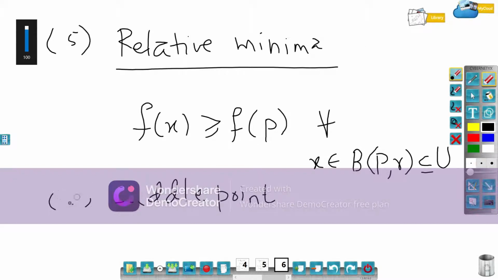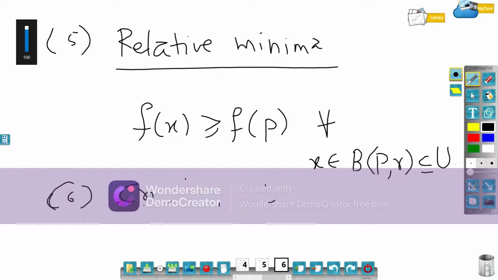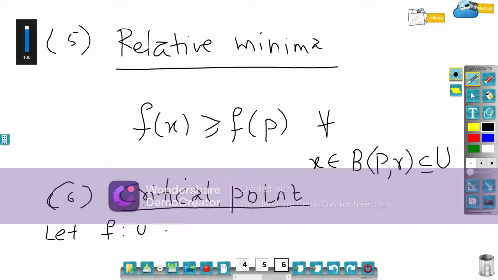Before that, let me define the critical point. Number 6, critical point. Let f be from U, a subset of Rn, to R, a scalar field.